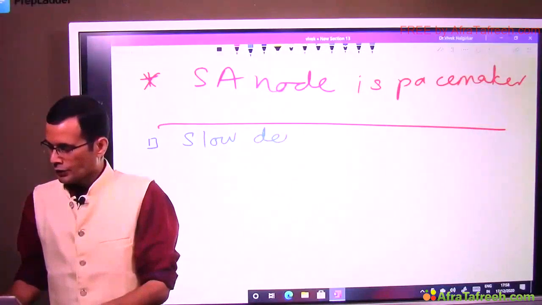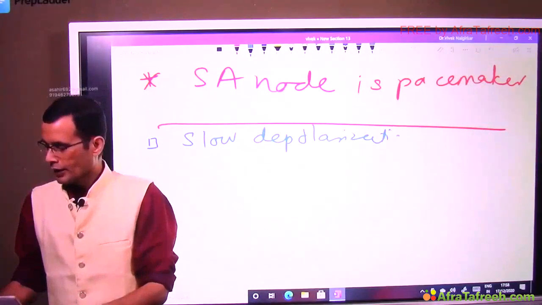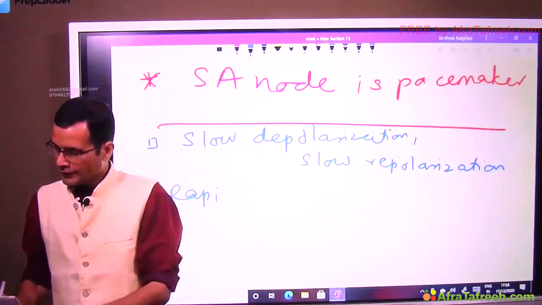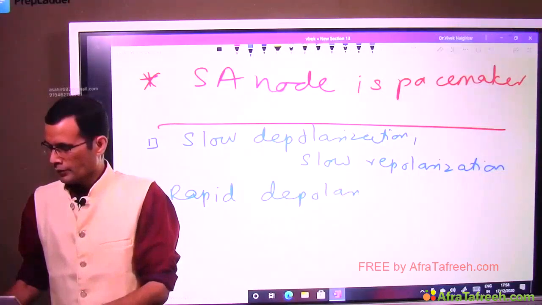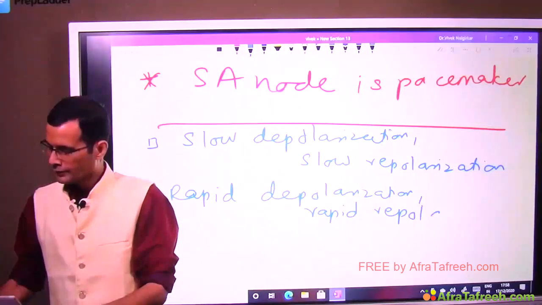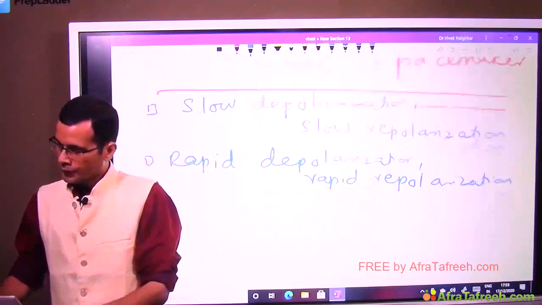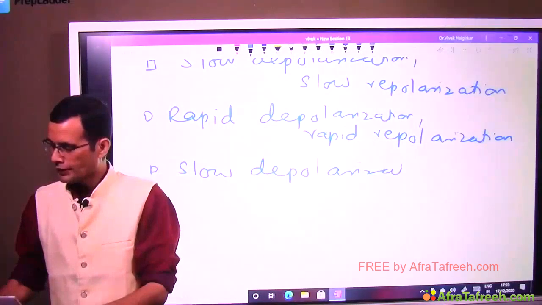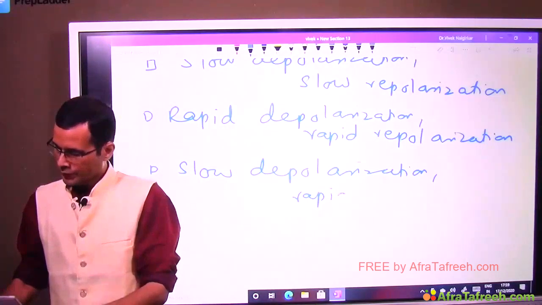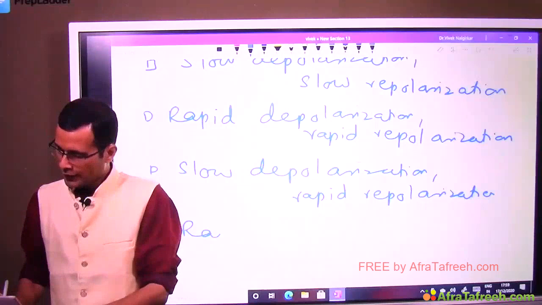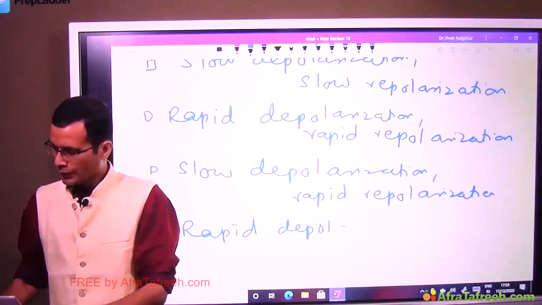Options are: slow depolarization and slow repolarization of the SA nodal cells; rapid depolarization and rapid repolarization of the SA nodal cells; slow depolarization and rapid repolarization; and the last option obviously would be rapid depolarization and slow repolarization.